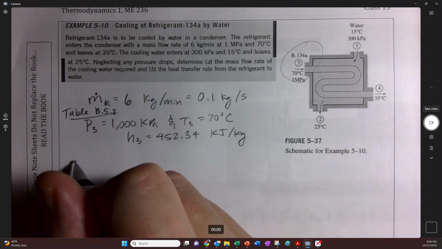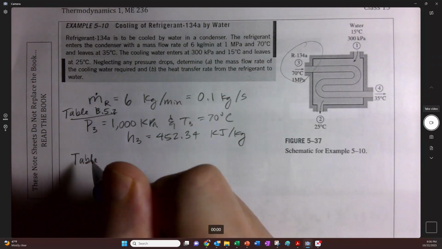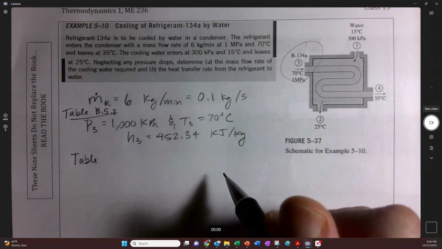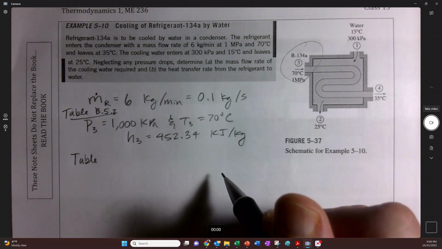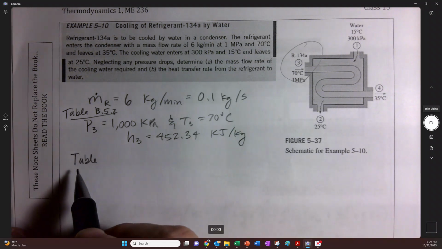All right, so I guess we're going to go ahead and assume that this thing condenses. It says it's a condenser, so we're going to say that it becomes a liquid completely.